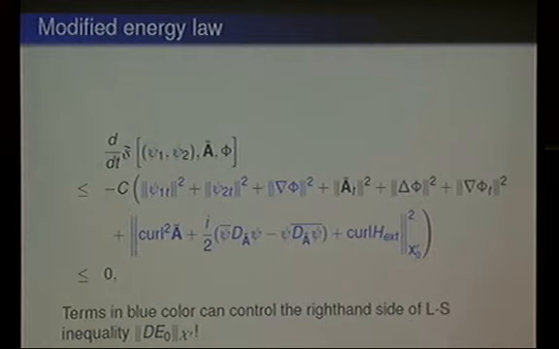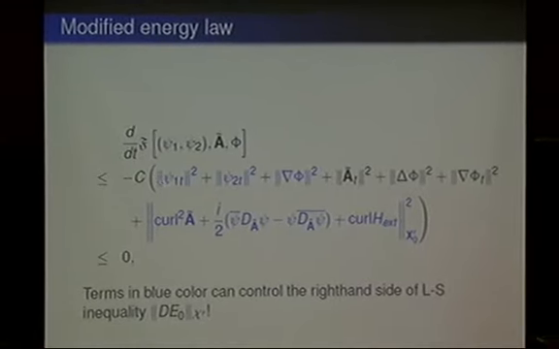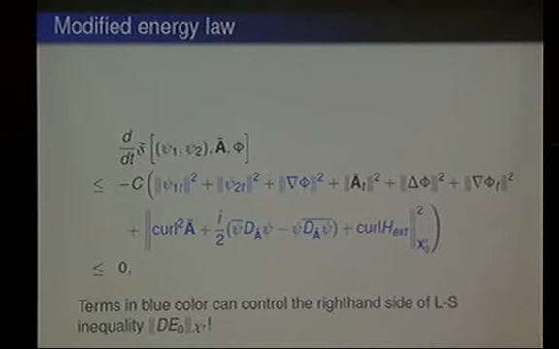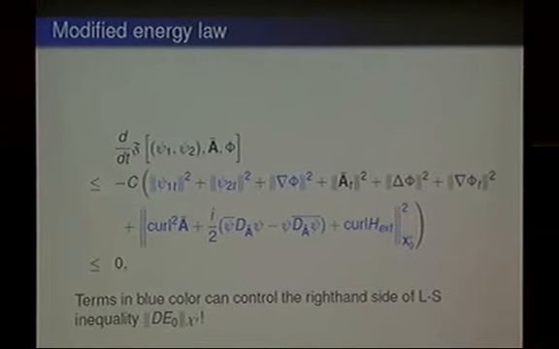So for the new functional, we have another dissipation relation. The time derivative of the new functional is also negative. Now on the right-hand side of the inequality, we have more terms. In particular, the blue terms can now control the right-hand side of the Loesch-Simon inequality. So we get enough dissipation of the system.